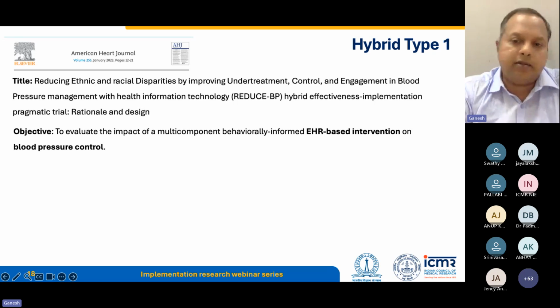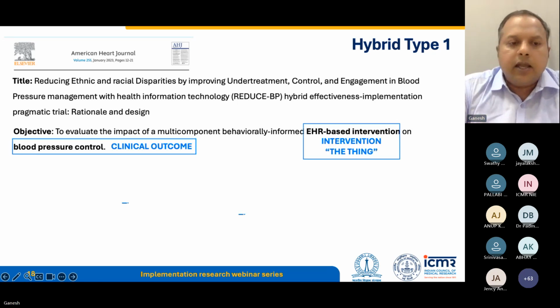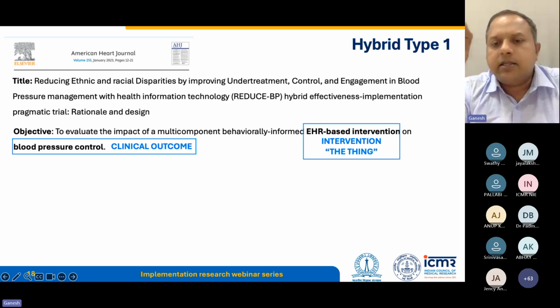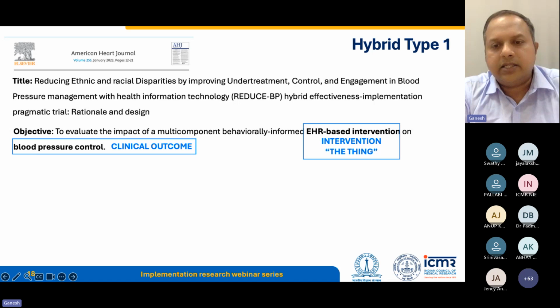In this particular study, the intervention is an electronic health record-based intervention, which is introducing a digital health tool for managing hypertension. That is the intervention, the thing. The clinical outcome is blood pressure control.